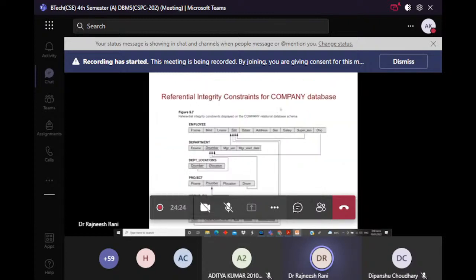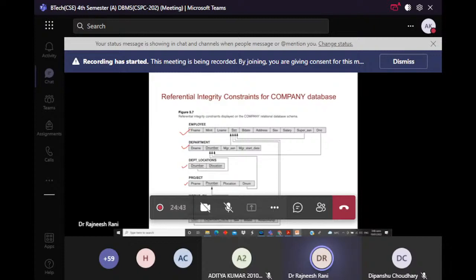You can see this is just a company database in which there are 6 tables: employee table, department table, department locations, project, work zone and dependent.